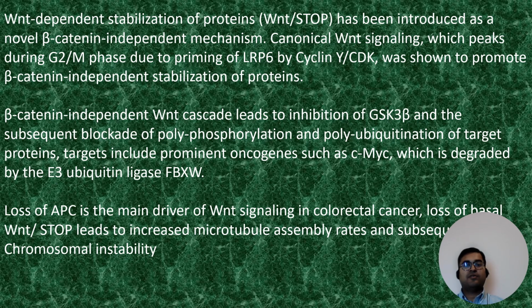Targets include prominent oncogenes such as CMYC, which is degraded by the E3 ubiquitin ligase FBXW7. Loss of APC is the main driver of Wnt signaling colorectal cancer. Loss of basal Wnt/STOP leads to increased microtubule assembly rates and subsequently chromosome instability. So this Wnt/STOP has a very important role if we talk of chromosomal instability in colorectal cancer cells.